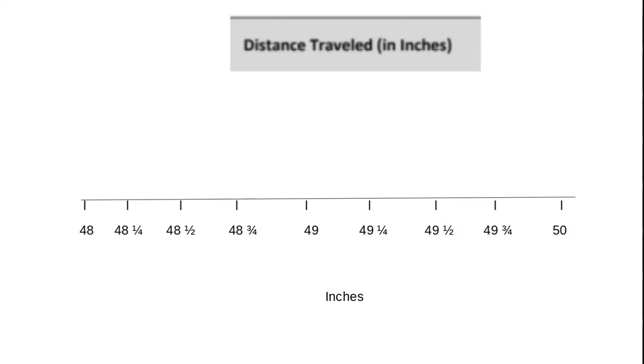Then you put your X's for each value: 1 at 48, 1 at 48 1/4, 5 at 48 3/4, 5 at 49, 3 at 49 1/4, 1 at 49 1/2, 2 at 49 3/4, and 1 at 50 inches.